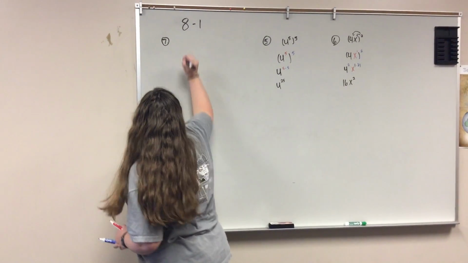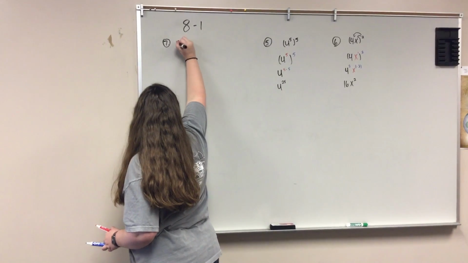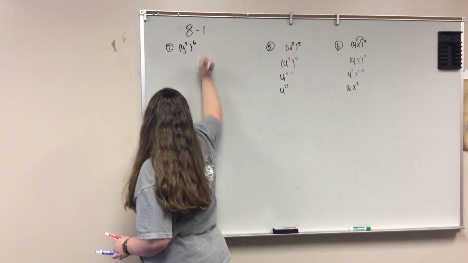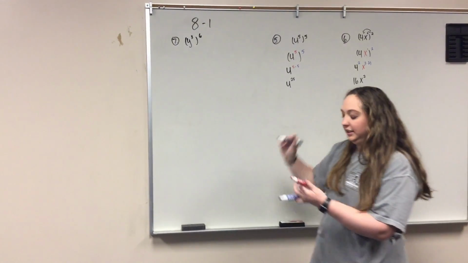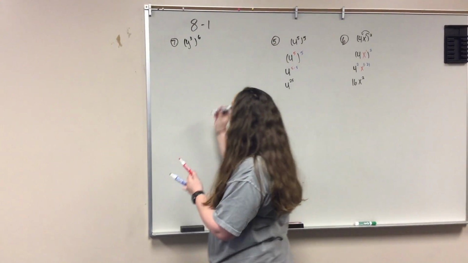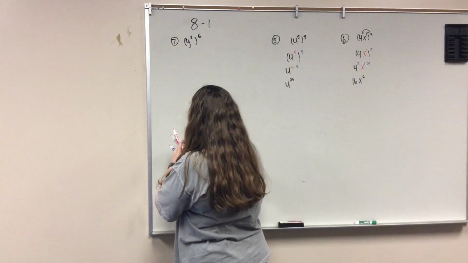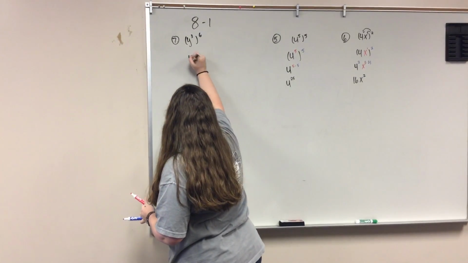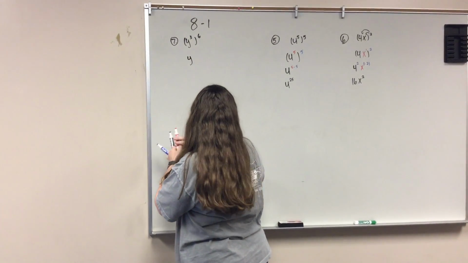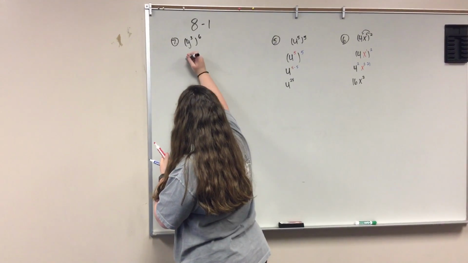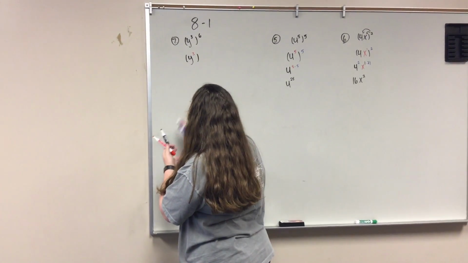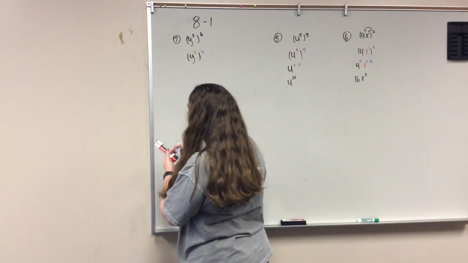So then we have y cubed times 6. So this one's similar to this one because we just have, let's see, we just have y, which is our variable, and that's going to be raised to the 3rd power. And then this whole thing is going to be raised to the 6th power.